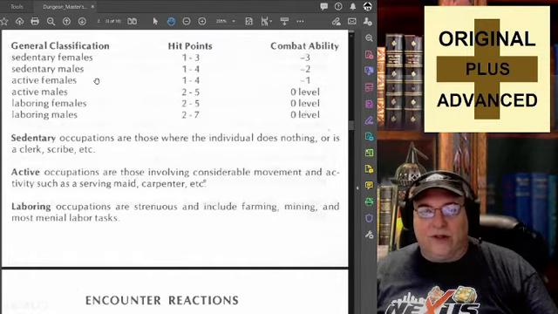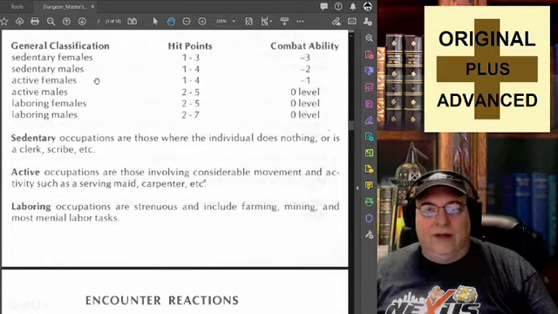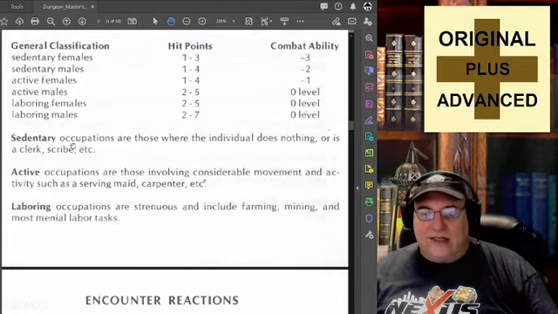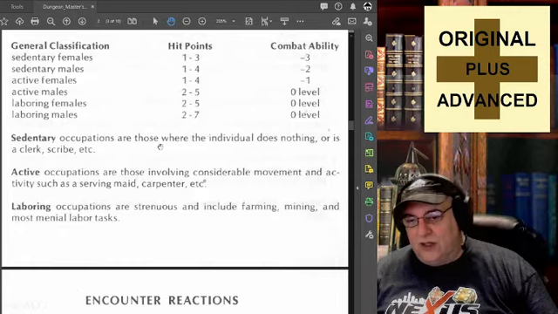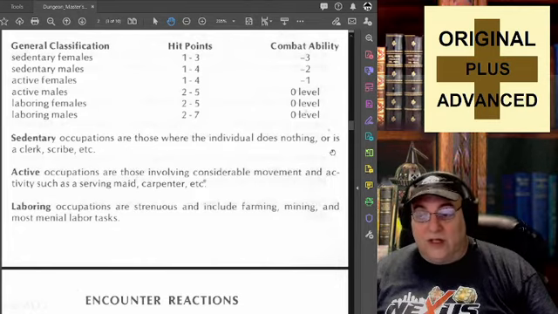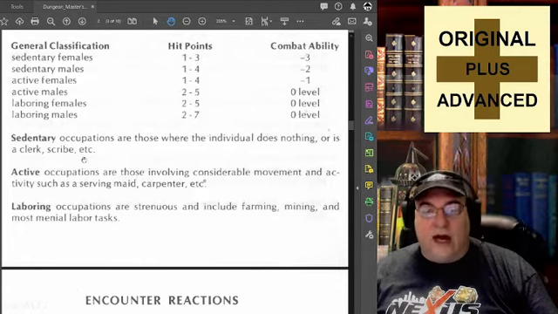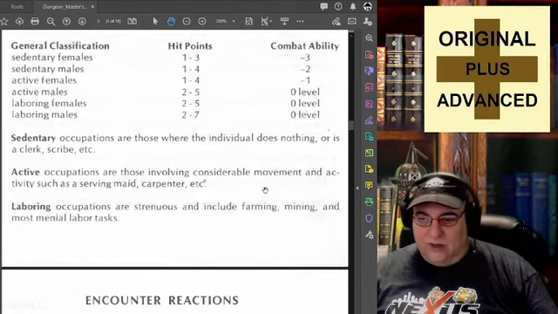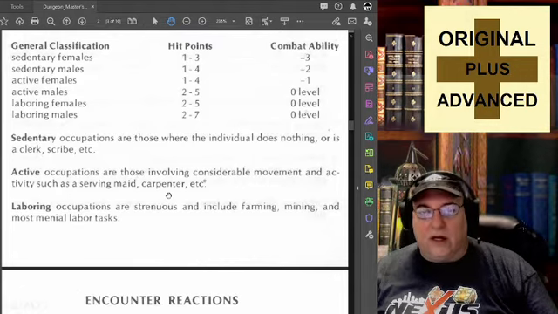Obviously, for certain children under a certain age, under a certain size, infants, whatever, you're not going to have this kind of a situation. This says sedentary occupations are those which individual does nothing or is a clerk, scribe, etc. Active occupations are those involving considerable movement and activity, such as serving maid, carpenter.